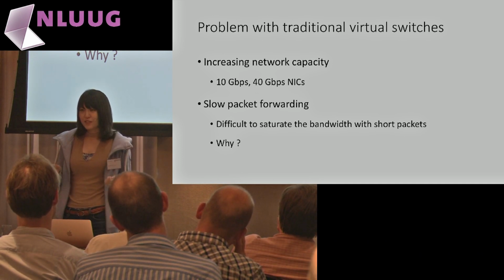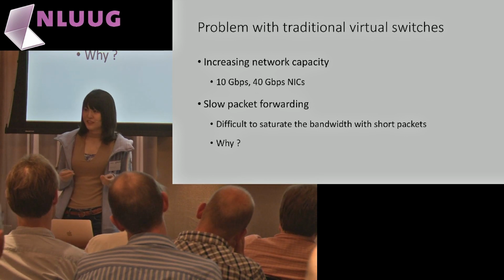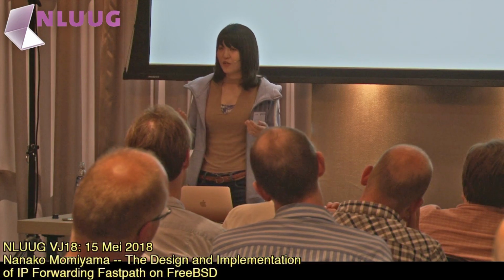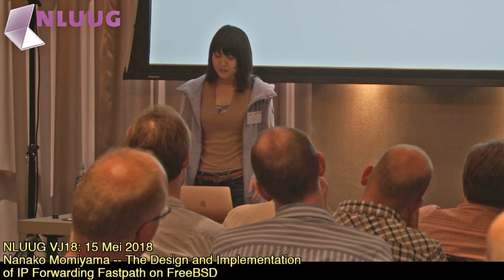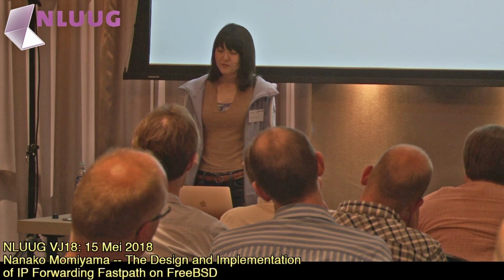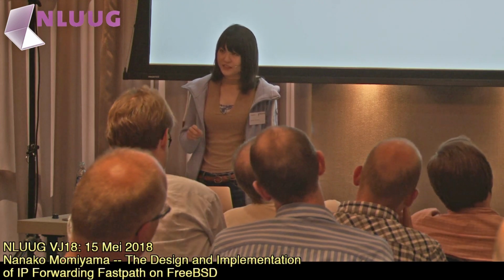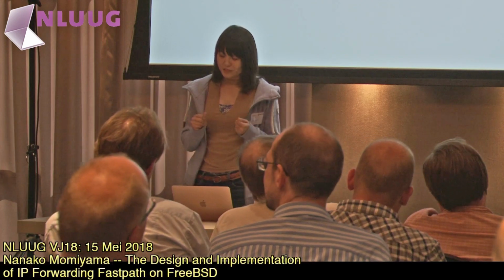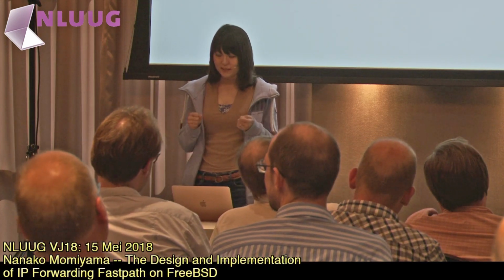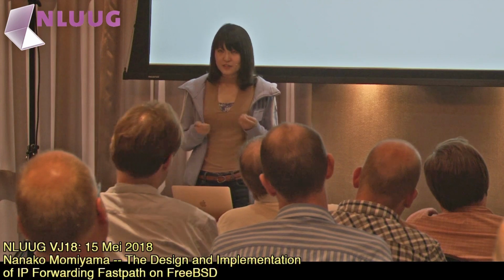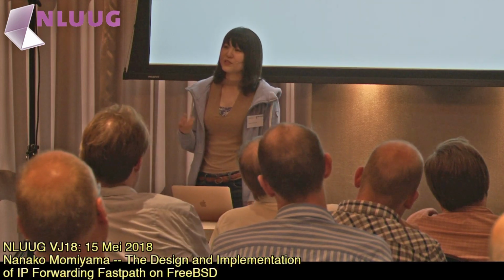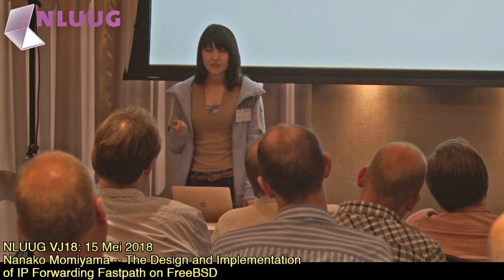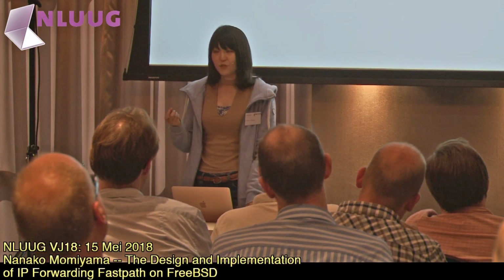Network capacity is increasing to 10 Gbps, 40 Gbps, and these are already very common in the market. With these very high bandwidth network interfaces, it is very difficult to saturate the bandwidth, especially with short packets. So why is there a gap between the increasing network capacity and the actual software packet forwarding performance?